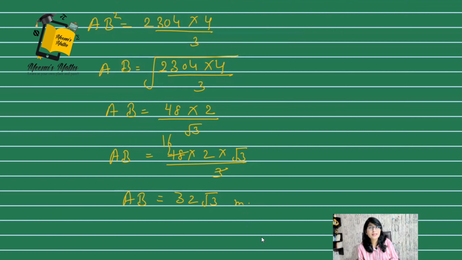Look at this very carefully as it's very important, and it is a little higher level. The value of AB has come, which means we got the value of the side of the equilateral triangle. So let's find out the area of the designed part, designed region, anything you can say, whichever language is in the question.